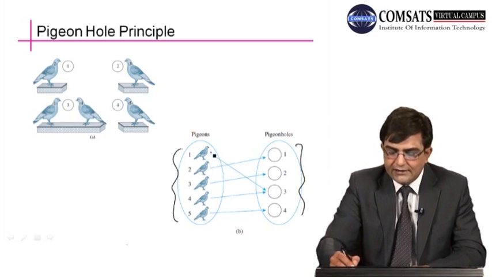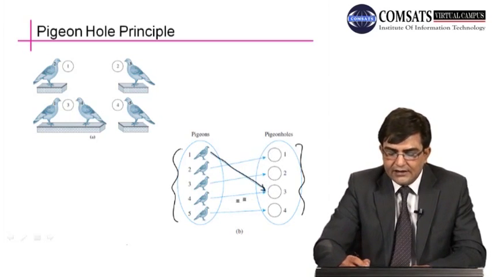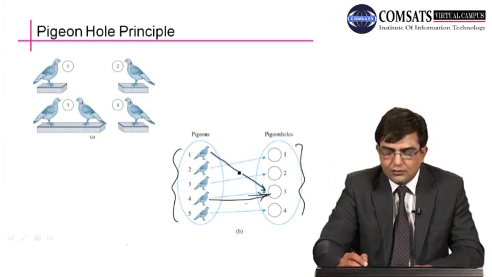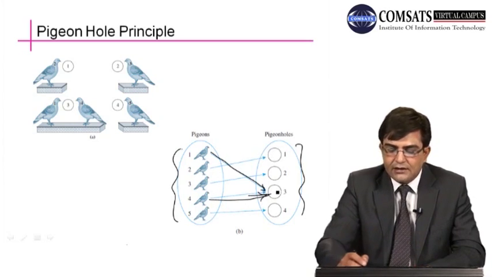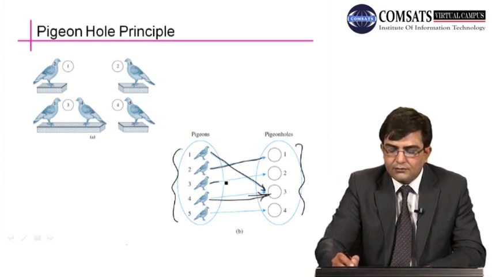For example, the 4th pigeon is kept in the 3rd cage along with another. So these 2 pigeons come in the same pigeonhole, and the rest of the pigeons each sit alone in one cage.